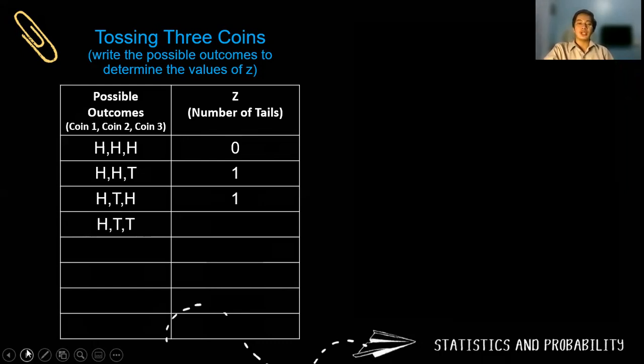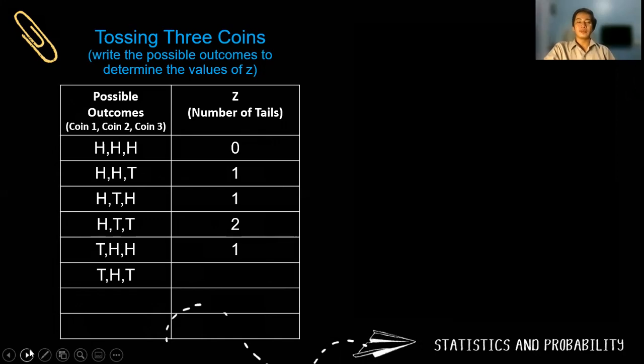For the next outcome, we have head, tail, tail. So how many tails did we get? 2. Then we have tail, head, head. How many tails did we get? 1, so 1 tail only.